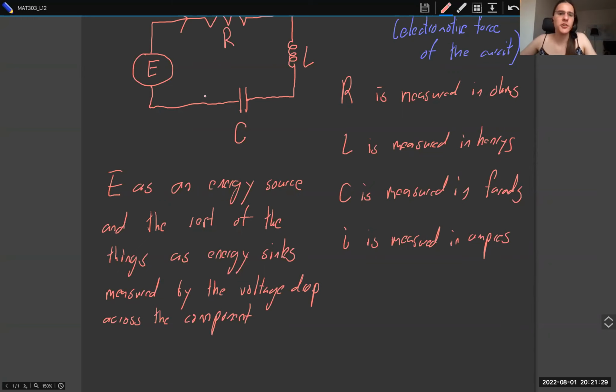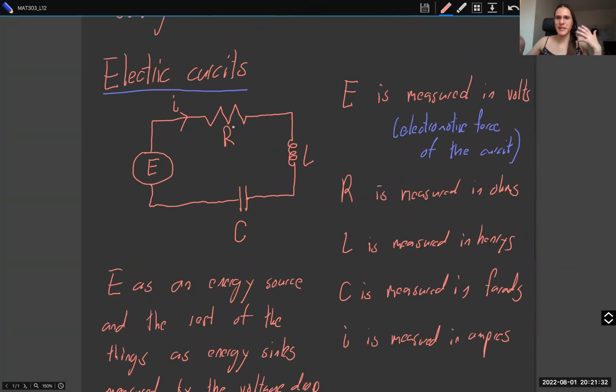A resistor, you can just think of it as something that resists electric flow. If you're trying to flow past a resistor, it's hard.